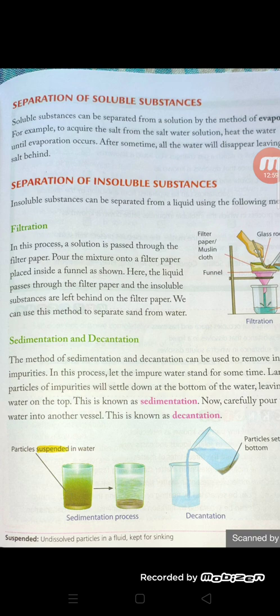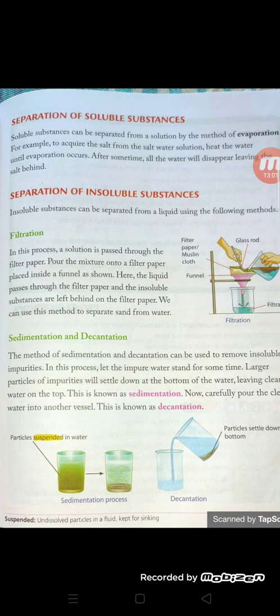This experiment drawing also, you will draw in your science notebook. Suspended, what is the meaning of suspended? Undissolved particles in a fluid. Fluid means liquid, kept for sinking, which will sink. So this is known as suspended.